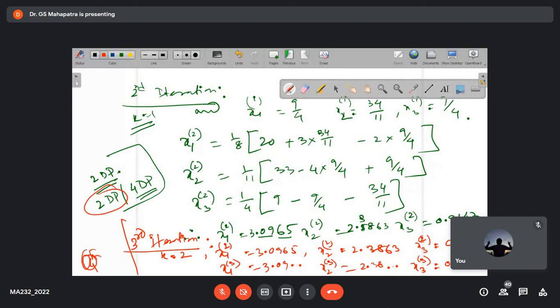Whenever two successive iterations, second and third, or third and fourth, give the same numerical result up to 2 decimal places, then you can stop there. Otherwise, you have to proceed for the next iteration. So this is the Gauss-Jacobi method. Anyone having any doubt?